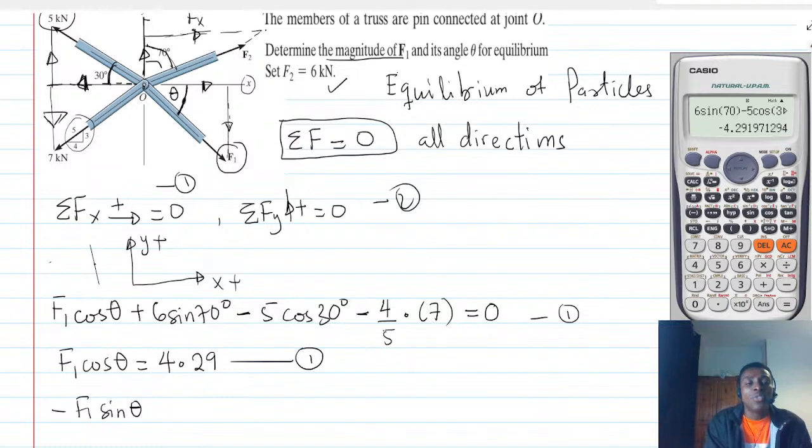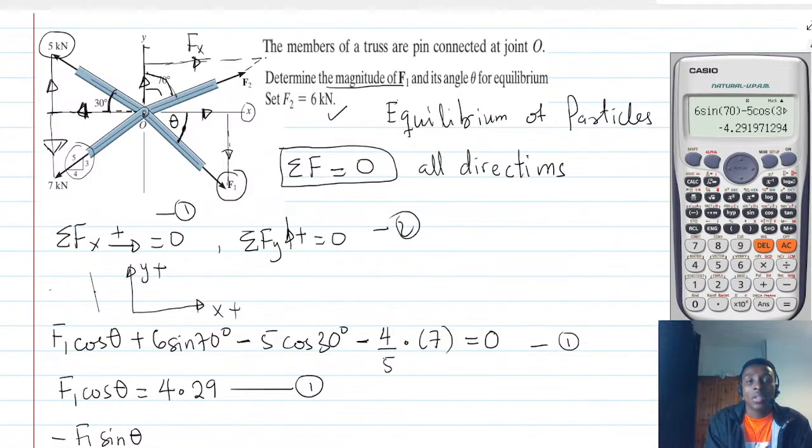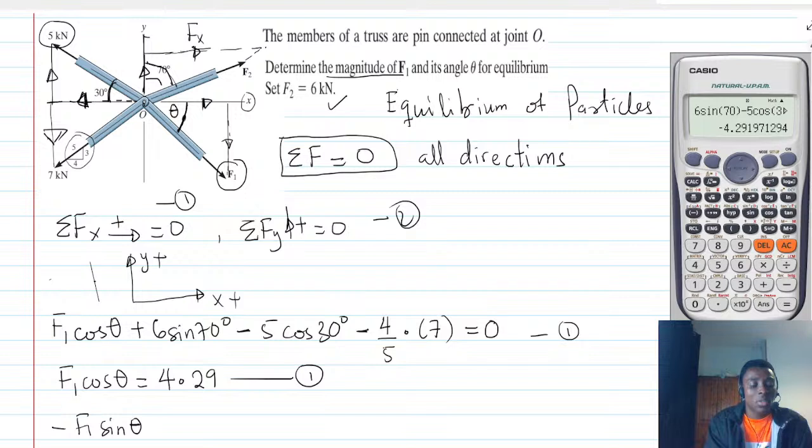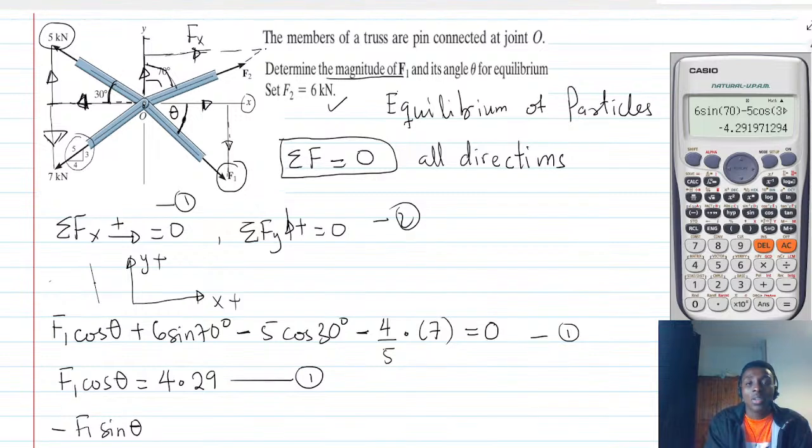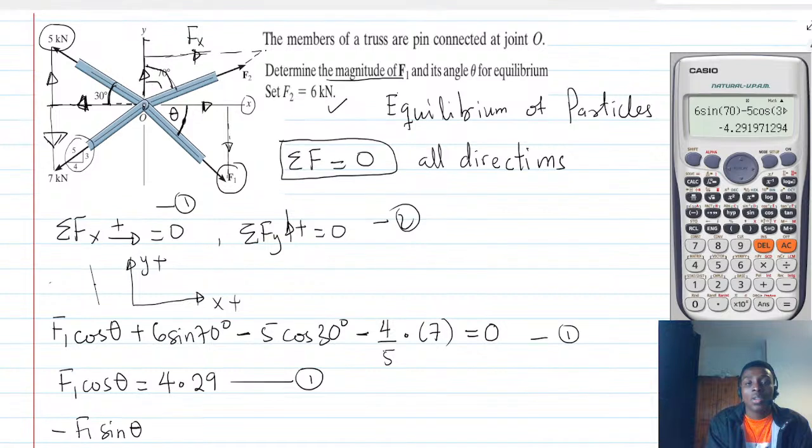Okay. And then F2 is going to what? So now F2 is what? Okay. So 6 kilonewtons is here. Now the y component is along the y-axis. But interestingly, the angle is adjacent. So the y component of F2 is going to be what?